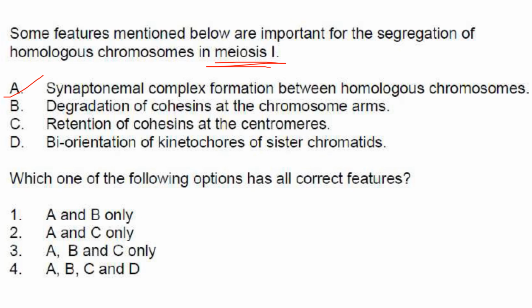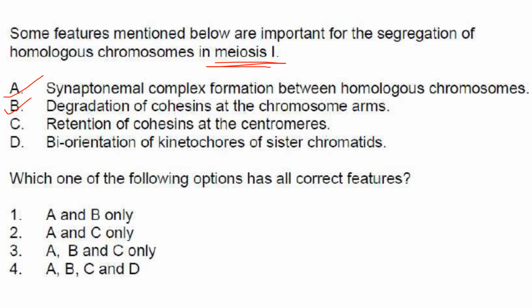During meiosis 1, cohesins which hold the sister chromatids together get degraded at the arms of the chromosome, but this degradation doesn't happen at the region where the chromosomes are connected, at the centromere. This is for ensuring proper segregation. So B is also correct.